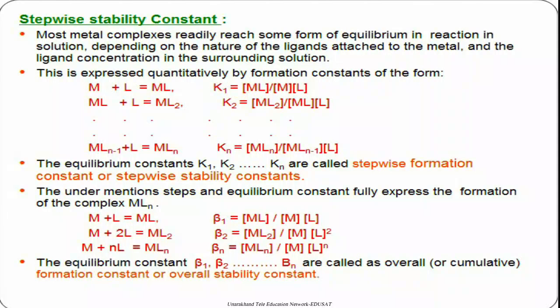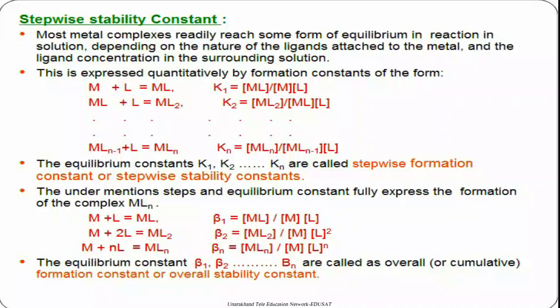Suppose the next ligand attaches to the previous one: ML plus L forms ML2, and its constant will be K2, the active mass of ML2 divided by ML times the active mass of L. Or we can say for more than 2 or 3, ML(n-1) plus L is equal to MLn, and its stability constant Kn will be MLn divided by ML(n-1) and the ligand.